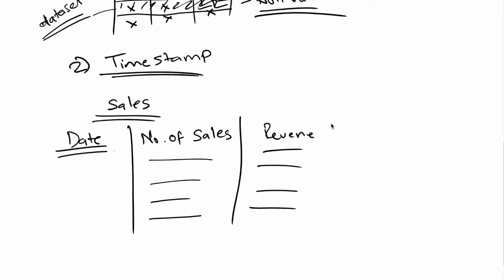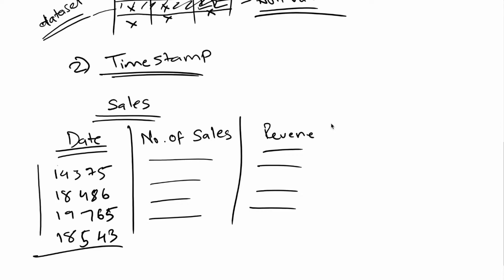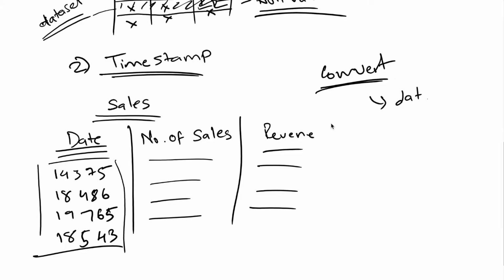Let's say you may receive values like 1437518. Now these numbers represent some sort of date and time. So when you receive dates in such a manner, you would need to convert them into date and time.